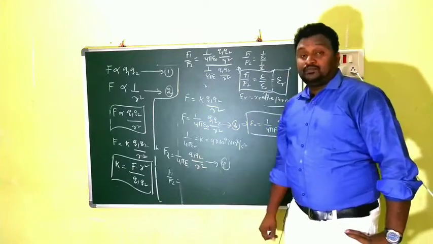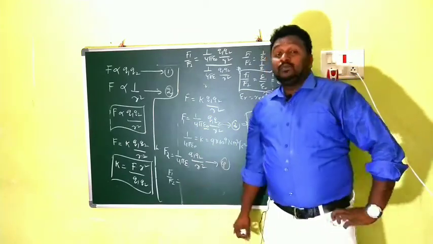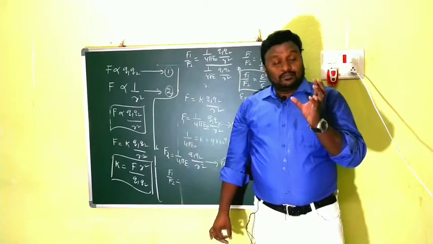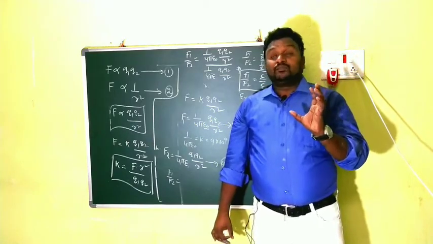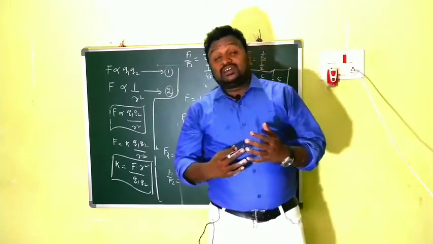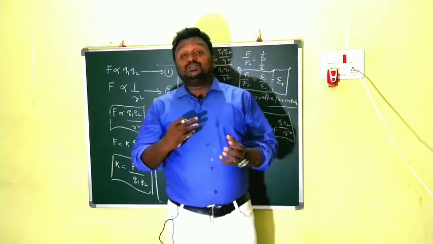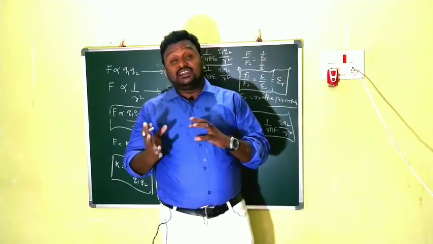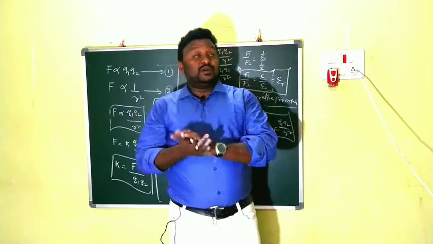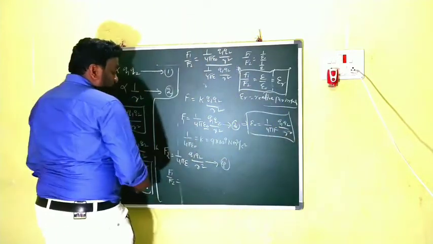Equation number 4. So here epsilon is what? Permittivity in medium. I already told you that epsilon naught and epsilon both have the same units and dimensions. Don't worry about that.